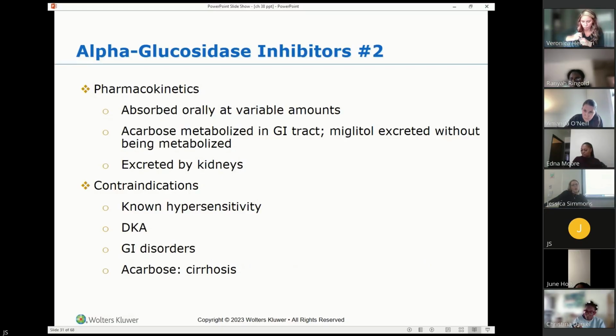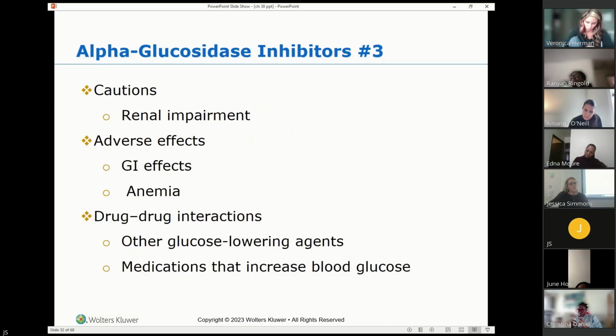They're contraindicated in patients with a known hypersensitivity, DKA, and GI disorders, and acarbose cannot be taken if a patient has liver cirrhosis because of the metabolization in the liver. You want to be cautious with renal impairment, GI effects, anemia. I'm not spending a lot of time on this classification because I'm not testing you on it.